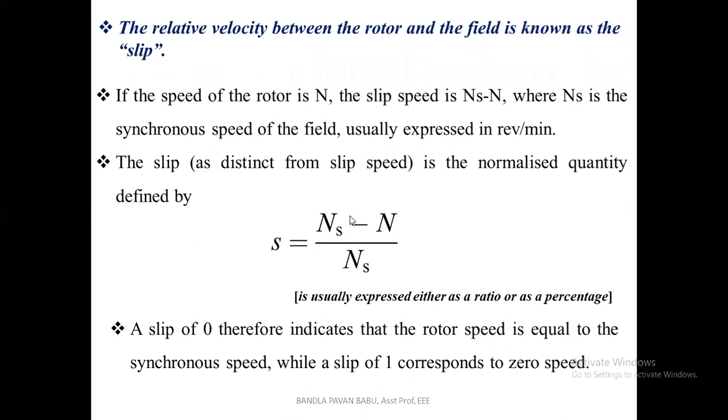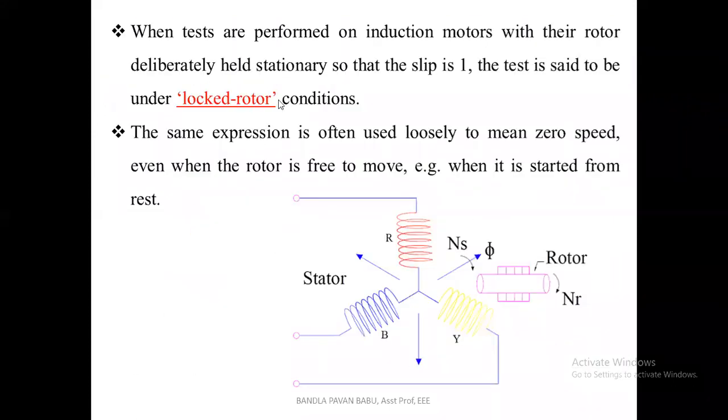If the slip speed is equal to the synchronous speed, that case I can call the locked rotor condition. Under this condition, if slip equals 1, the rotor never rotates. The reason may be different, but practically slip cannot be equal to 1. Even if it is equal to 1, the rotor never rotates. That condition is called locked rotor.